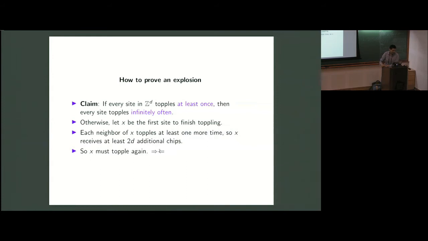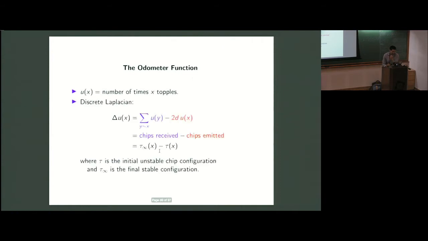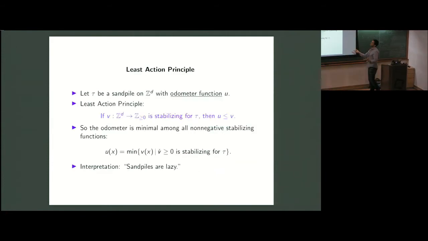If you want to prove it from first principles, you can give a contradiction proof, as shown on this slide. We have an odometer function, and as we saw yesterday, the odometer is defined as the number of times x topples, and the Laplacian of the odometer tells you the net change in chips. So it gives you the final stable configuration minus the initial thing you started with.